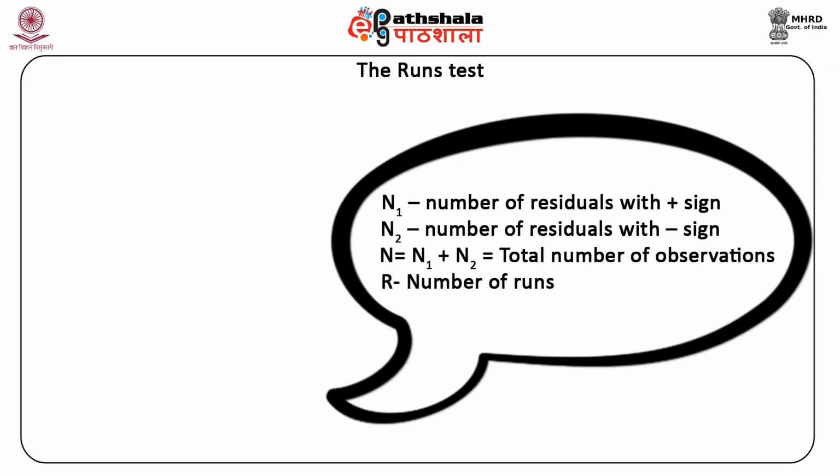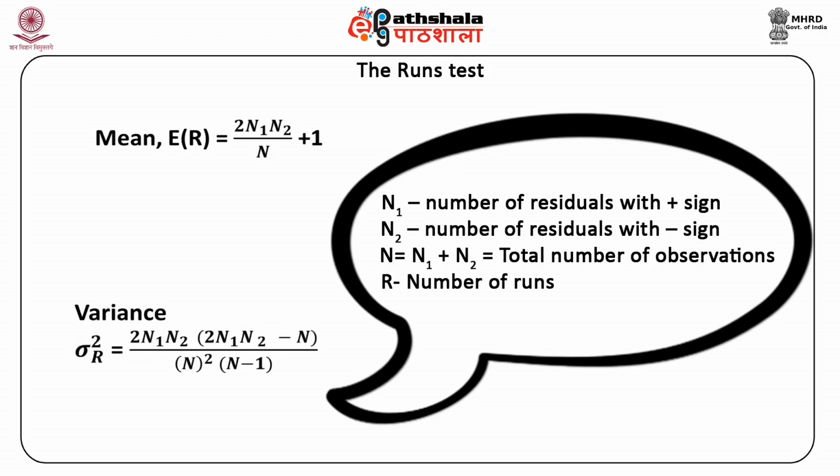Let N equal N1 plus N2, which means the total number of observations, and R the number of runs. Now R is asymptotically normally distributed with the following parameters. Mean of R, denoted as the expected value of R, is equal to 2N1N2 upon N, plus 1.